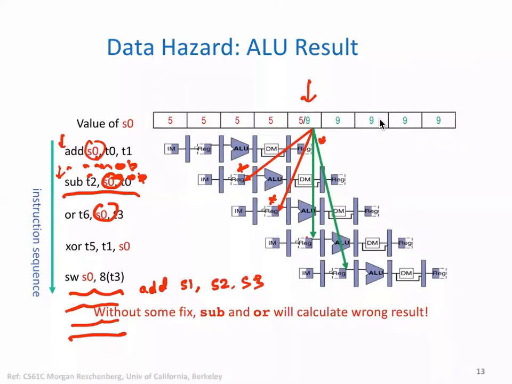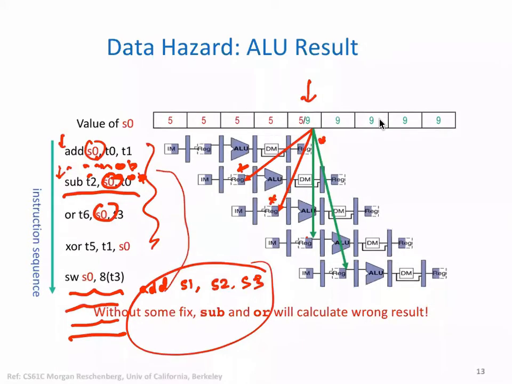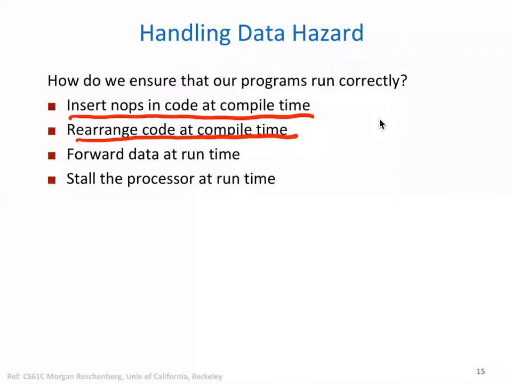Okay, and then we can have some other instructions, right? Some even load store instructions which are not using any of these data values. Then can we take these instructions which are not dependent and place them between add and subtract, or maybe at some other places? Okay, so we can rearrange code at the compile time and try to avoid this kind of data dependency and data hazard.